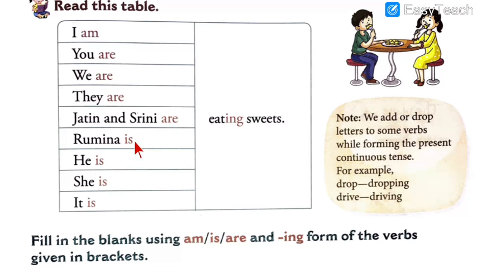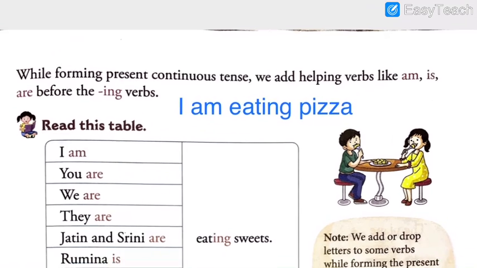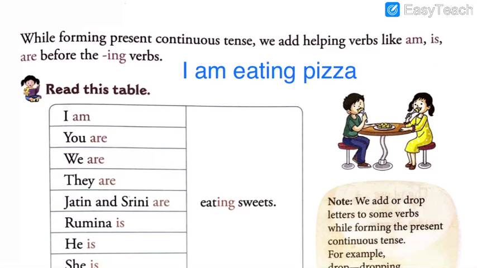With the name that is singular, that is one name, and with he, she, it, is is used. So my dear students, you have to remember one thing very clearly. So I'm writing over here. Please write it down also in your books.